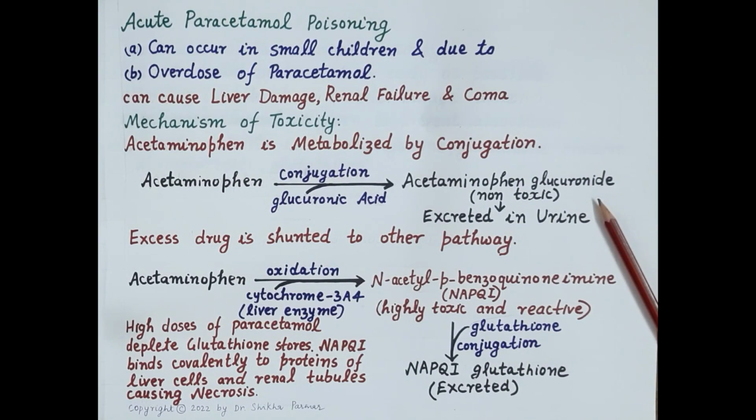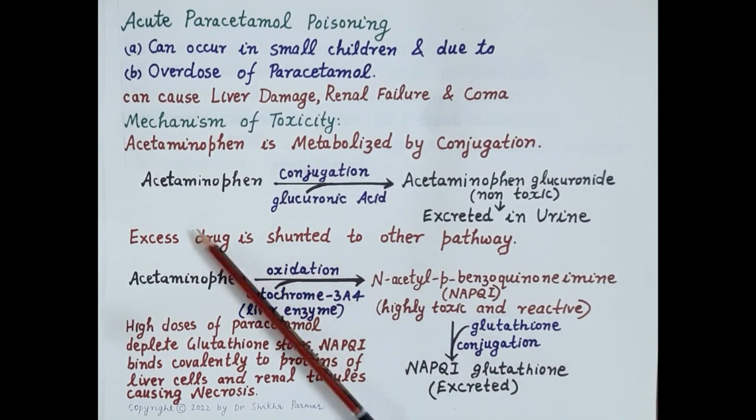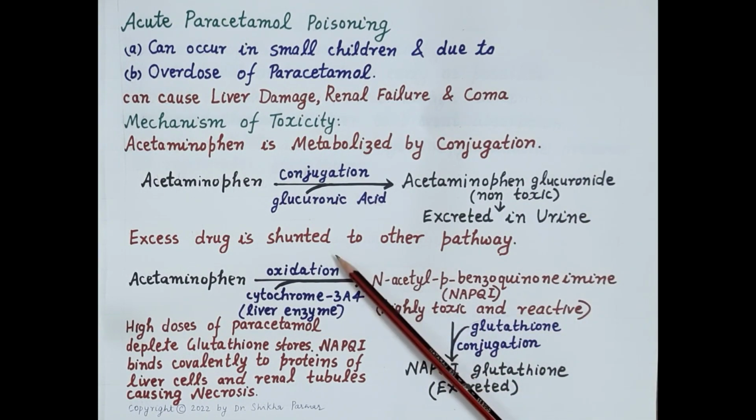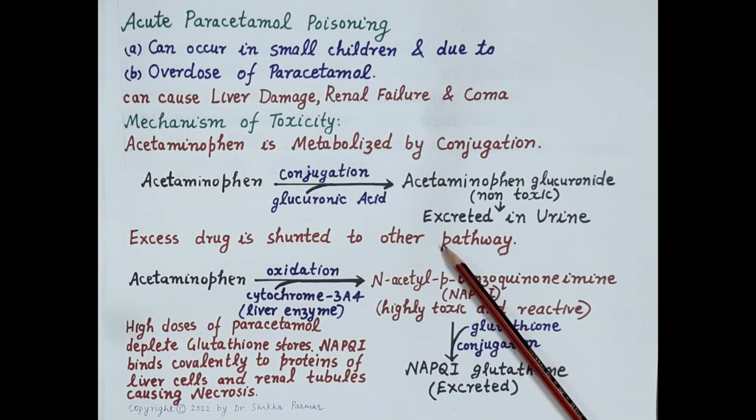Acetaminophen glucuronide is excreted rapidly in the urine. But when a very large dose of paracetamol is taken, this pathway gets saturated. That means this pathway gets overloaded and becomes ineffective to metabolize all the paracetamol, and thus excess paracetamol is shunted to or diverted to another pathway.